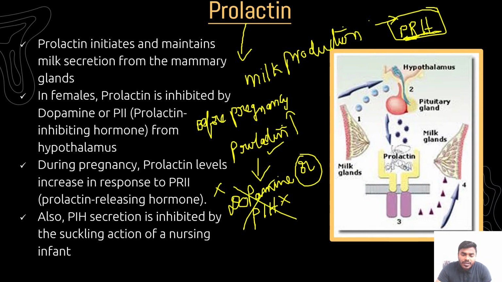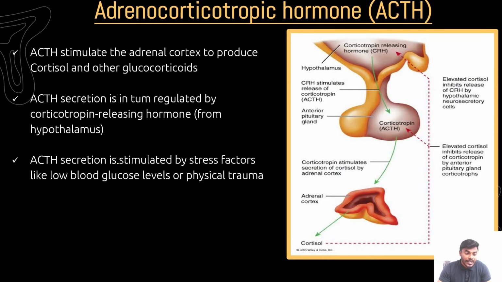It is blocking the dopamine. It is blocking the prolactin inhibiting hormone. When it blocks, you know what will happen? Prolactin level will be increased. Then friends, after the pregnancy, milk production will occur continuously. What you people have to remember from the exam point of view: which hormone is inhibiting the prolactin, which hormone is stimulating the prolactin. That's what I want you people to remember without fail.